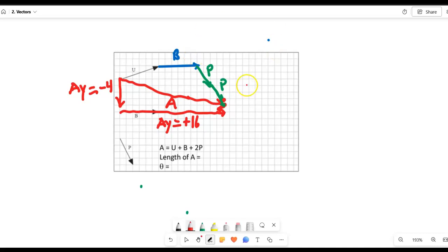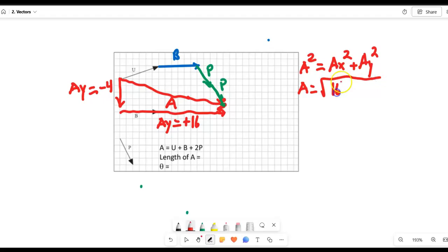Okay, let's find the length of A. So the length of A, we're finding its length, is A squared is equal to AX squared plus AY squared. So A is going to be equal to the square root of AX squared, which is 16 squared, plus negative 4 squared.